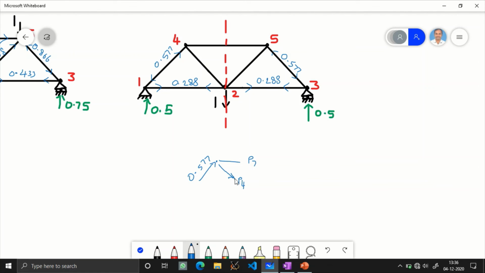It is away from the joint, and the vertical component of 0.577 is 0.577 sine 60. Vertical component of P4 is P4 sine 60. So the value of P4 will be 0.577 sine 60 divided by sine 60, which is nothing but 0.577. So P4 is away from the joint, having a magnitude of 0.577. Because of symmetry, this force will also be equal to P4. This will be 0.577.